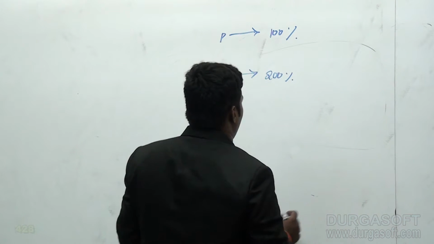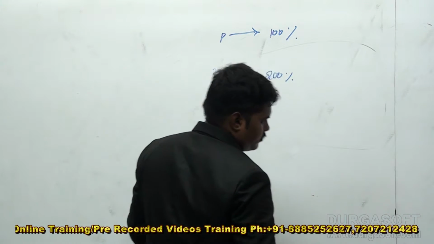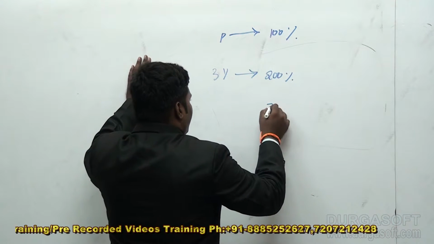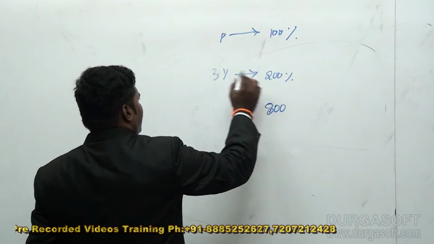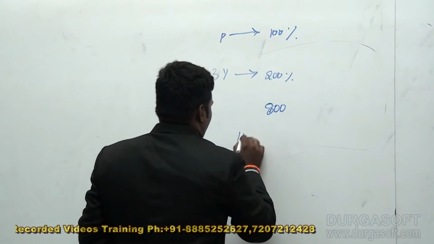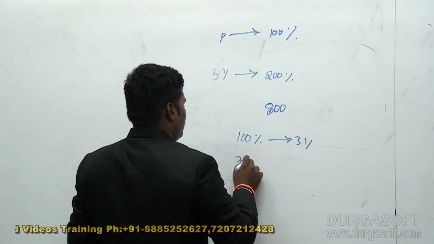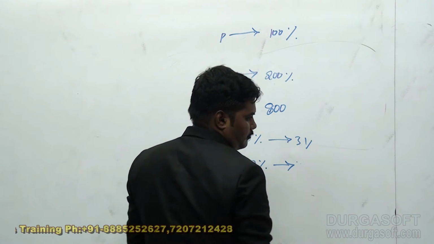3 years is double. Okay, I am asking you 8 times of it. That means 8 times means 800%. For 100% increase it is 3 years. For 700% increase it is 7 times 3, 21 years.